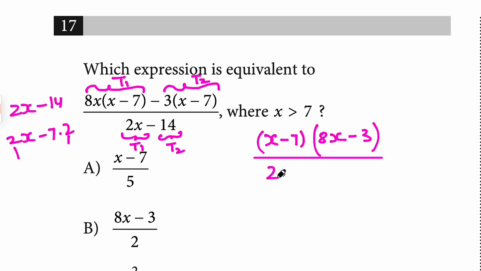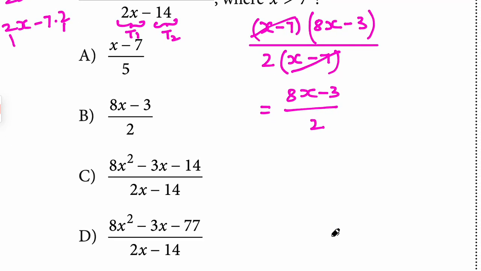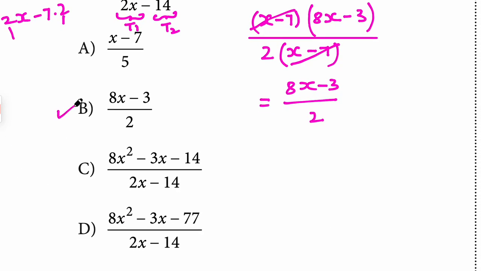We take 2, and what is left? x from term 1 and 7 from term 2. Perfect. So (x − 7) and (x − 7) are common in both, so you can cancel them. And what is left? (8x − 3) over 2. Okay, so B is the right option.